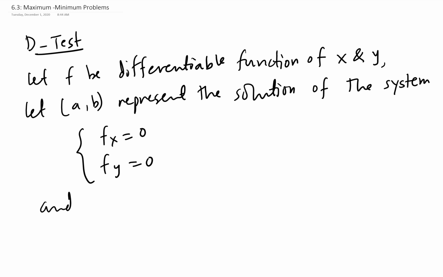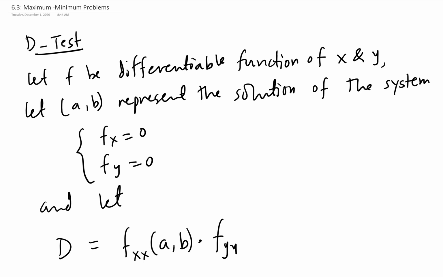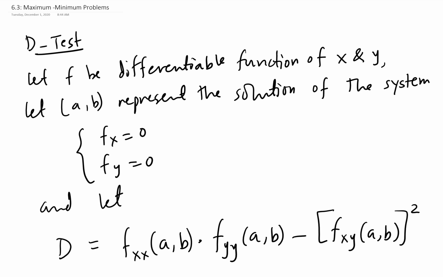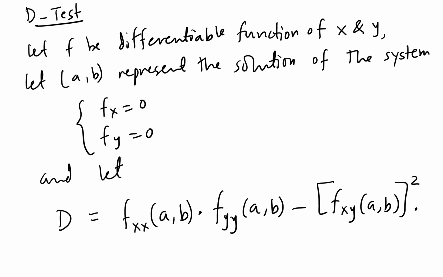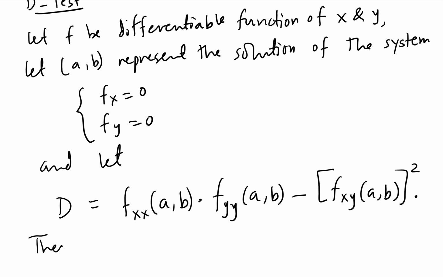And after that, let D equal f sub xx evaluated at (a, b) times f sub yy evaluated at (a, b) minus f sub xy evaluated at (a, b), all squared. Then four things might happen.